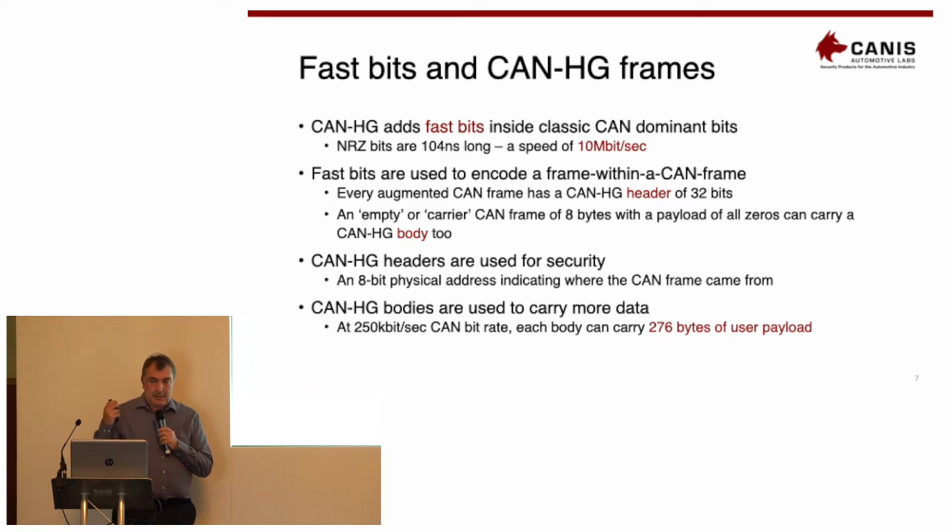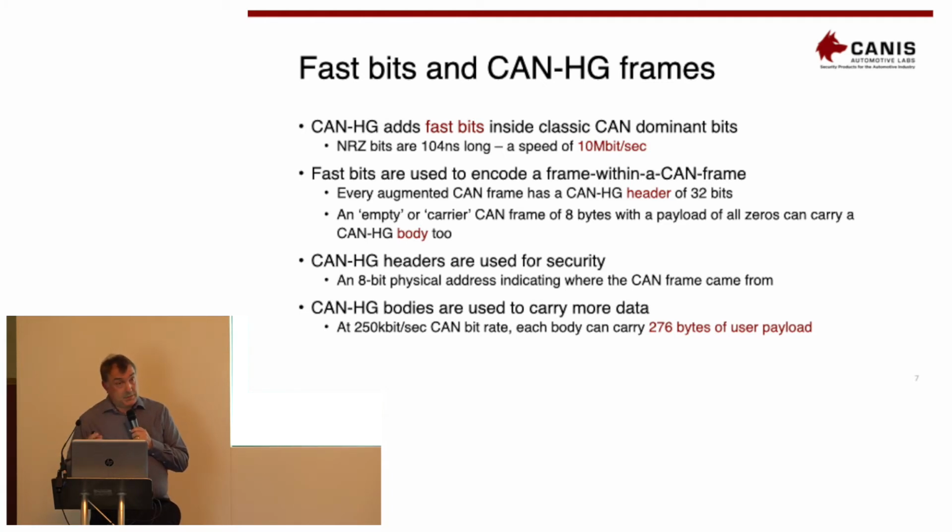Every augmented CAN frame has a CAN header of 32 bits. So for every single frame that's sent out, you can add 32 bits, no matter what size the frame is, even including remote frames with no payload. But if you send out an empty frame, or carrier frame as we call them, of 8 bytes with a payload of all zeros, you can have a CAN body carrying quite a lot of data.